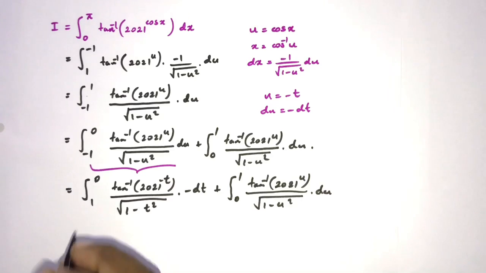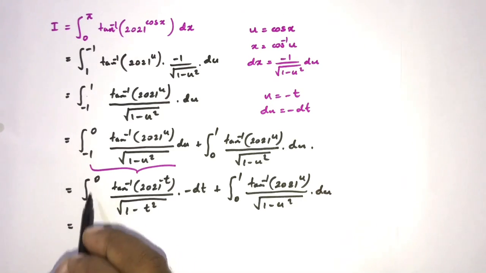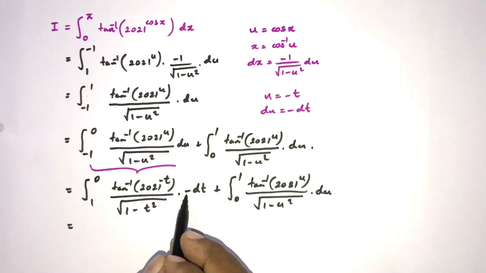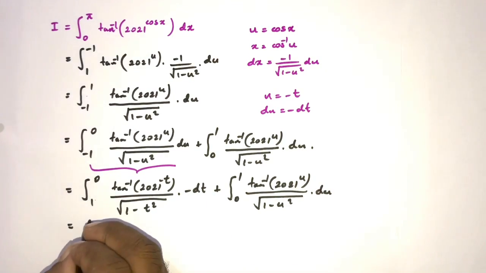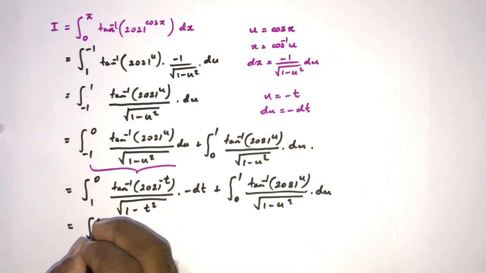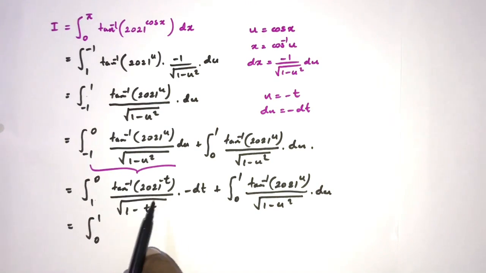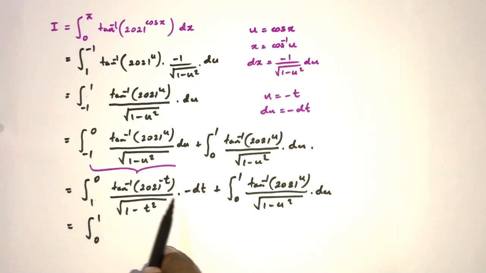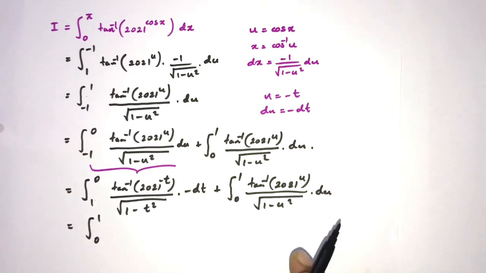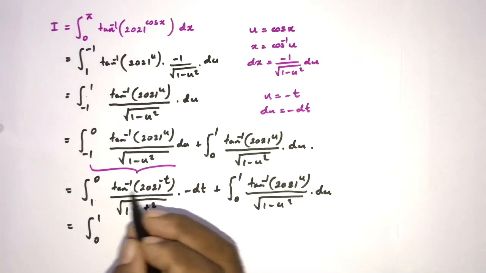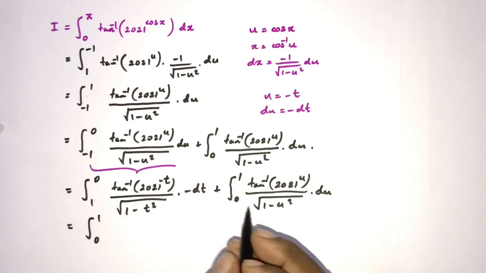Okay, then here again we can change this boundary, and when we change the boundary, this minus sign gets cancelled, so we can write here now integral from 0 to 1. Now here in this integral the variable we have is dt, and here u du. So we know the definite integral is independent of the variable, so instead of t we can plug in x, also instead of u we can plug in x.